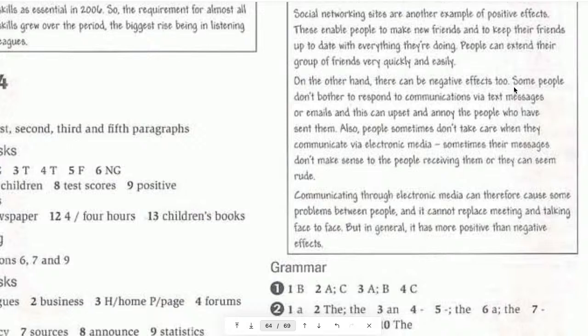Yes, okay. So we guessed correctly, right? Here they mention some negative effects of using electronic media.